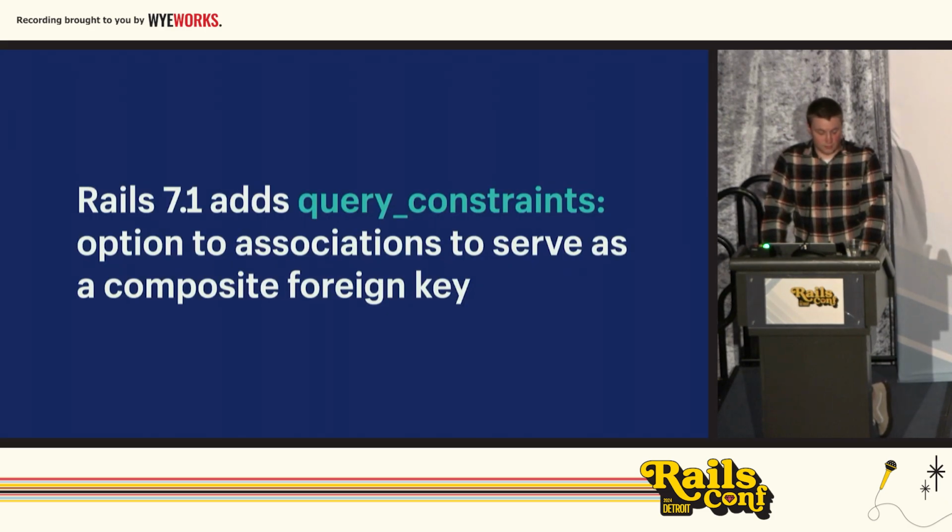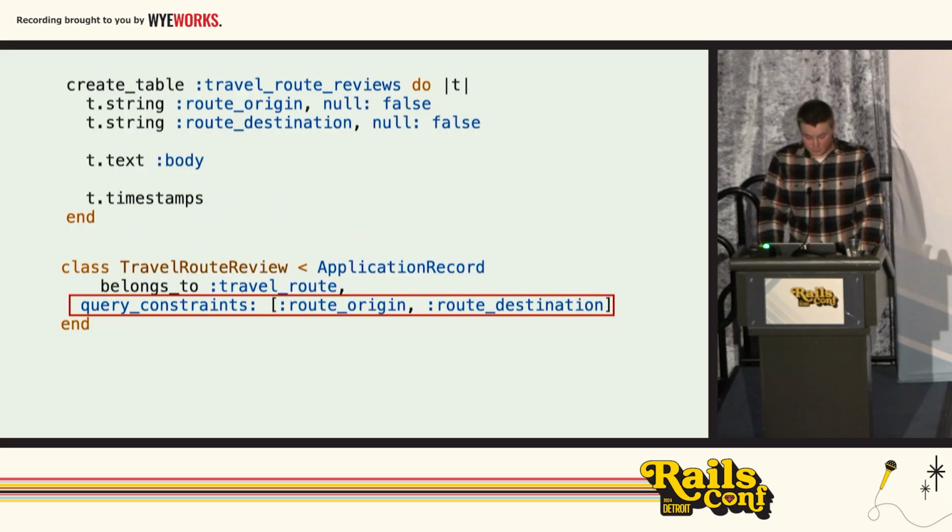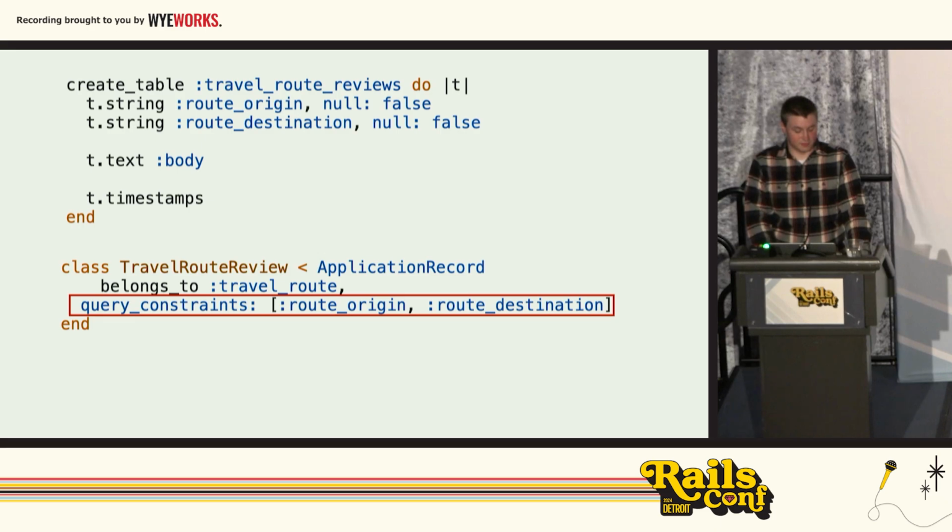When it comes to associating models with the composite primary key, Rails 7.1 adds a query constraints option to association to serve as a composite foreign key. In this slide, we're introducing a new association option in Active Record called query constraints. This option acts very similar to how a composite foreign key would behave.